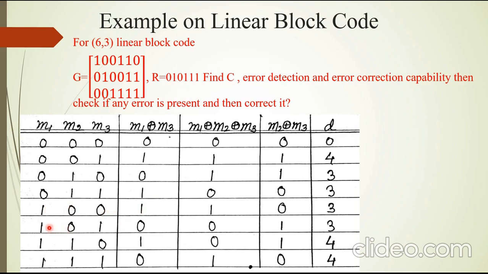Next, M1 is 1, M3 is 1, both are the same, so it will be 0. Next, M1 is 1 and M3 is 0, so it will be 1. And the last one, where M1 is 1 and M3 is 1 also, the result will be 0. So M1 XOR M3 will be 0 1 0 1 1 0 1 0.